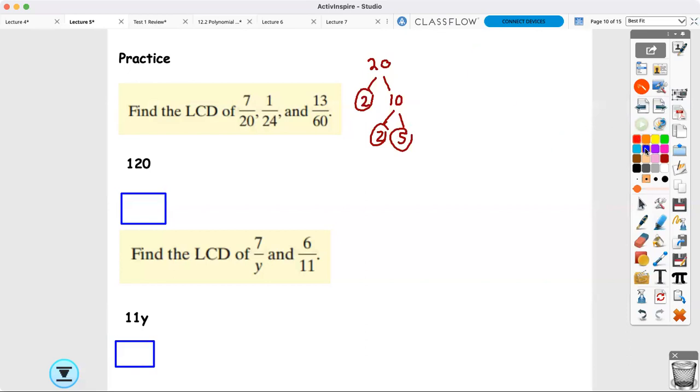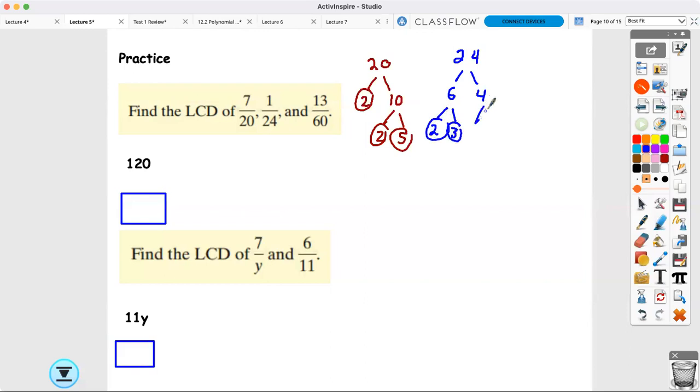Now we're going to break down 24. Can someone give me factors of 24? 6 and 4. And then factors of 6? 3 and 2. Excellent.